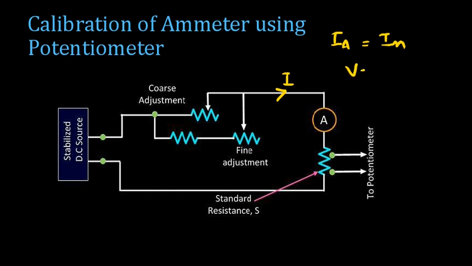The voltage will be given by I into S, or this is again IA into S, and this voltage will be measured by the potentiometer. The voltage measured by the potentiometer will be a standard one.